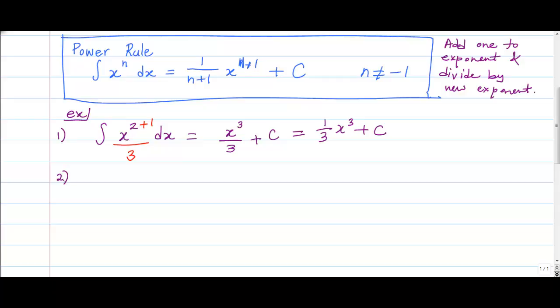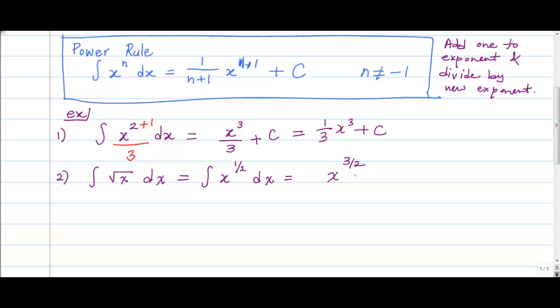Okay, let's look at the integral of the square root of x dx. Now notice, I haven't taken the integral yet, I'm just rewriting it as x to the 1/2. Again, you add 1 to the exponent. So adding 1 to 1/2 gives me 3/2.